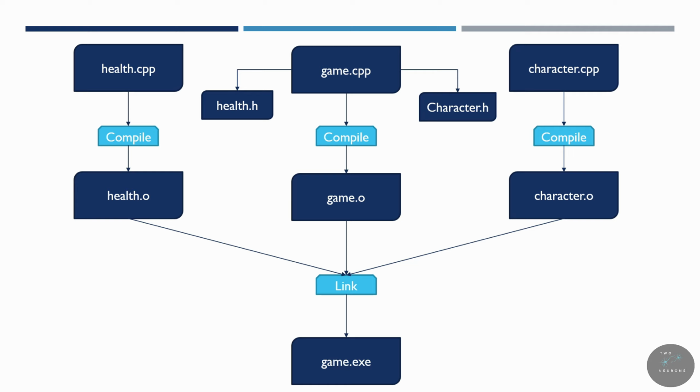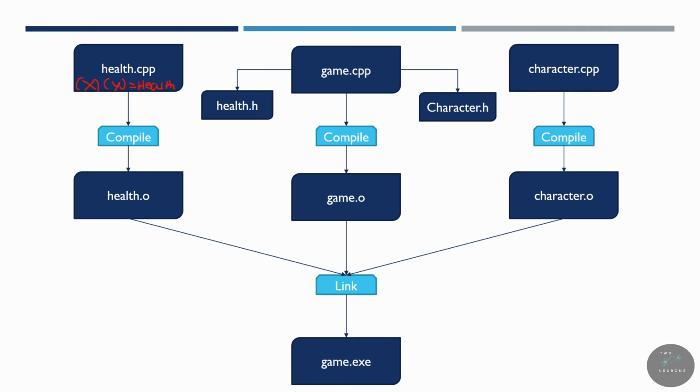So in our health CPP file, we might have a calculation that goes X multiplied by Y equals our health. Pardon my horrible handwriting. This is actually really hard to do, the writing that is. So we have X times Y equals health.